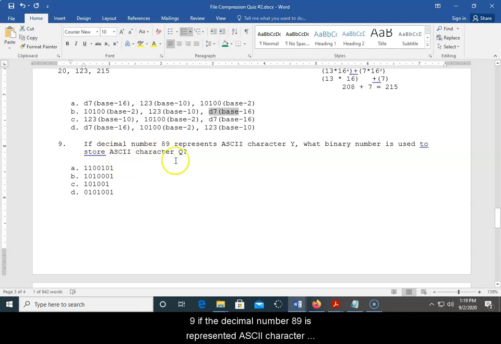9, if the decimal number 89 is represented by ASCII character Y, what binary number is used to store Q?